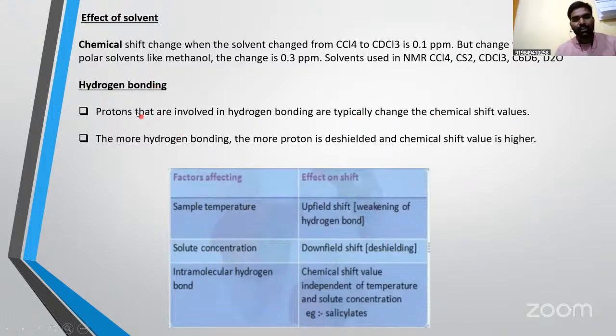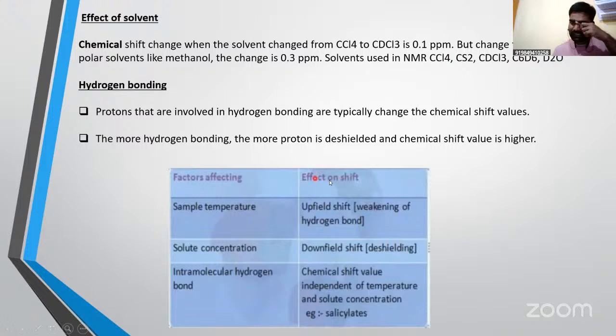The more hydrogen bonding, the more the proton is deshielded, and the chemical shift value is higher. They are directly proportional to each other.